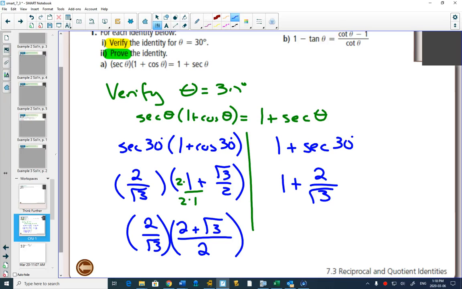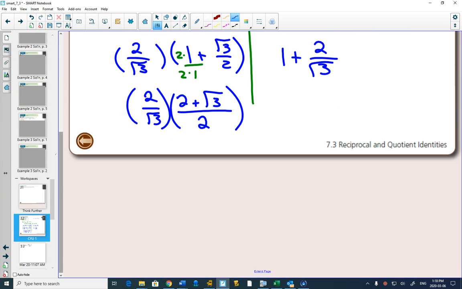Now I have a fraction times a fraction. How do you multiply fractions? Multiply the numerators, multiply the denominators. So I'm going to get, or do you notice anything? If you were multiplying, those 2's are common factors and we're multiplying, so you could simplify it, which would leave us just with 2 plus the square root of 3 all over the square root of 3 on my left-hand side. On my right-hand side, if I wanted to add fractions, I'd need a common denominator.